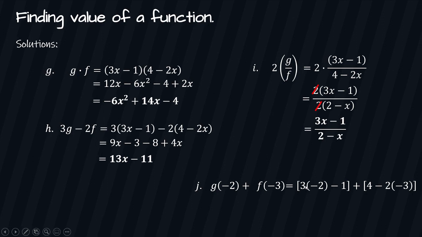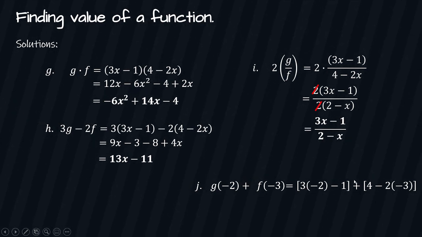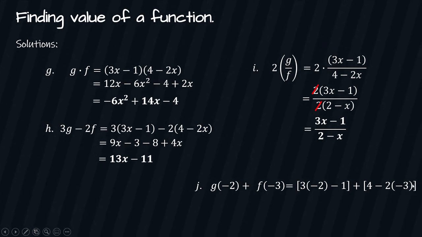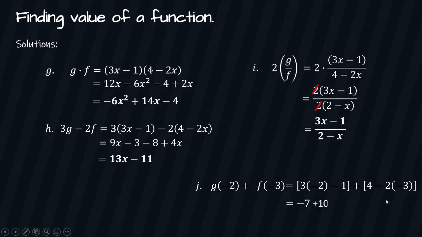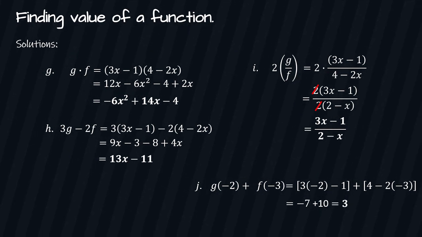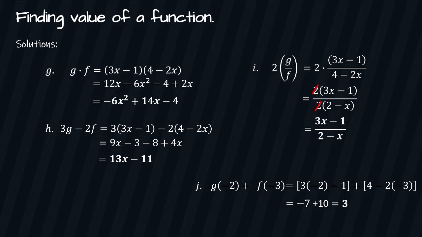So we have 3 times negative 2 minus 1 plus 4 minus 2 times negative 3. Simplifying, therefore, g of negative 2 plus f of negative 3 is equal to 3. And that ends our discussion on operations and functions.